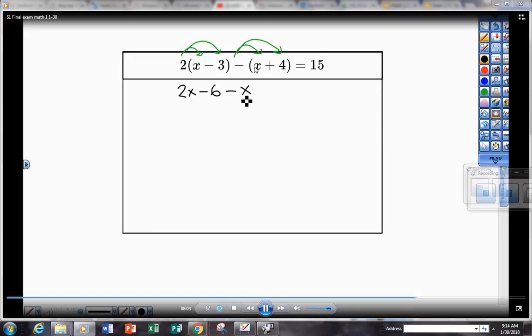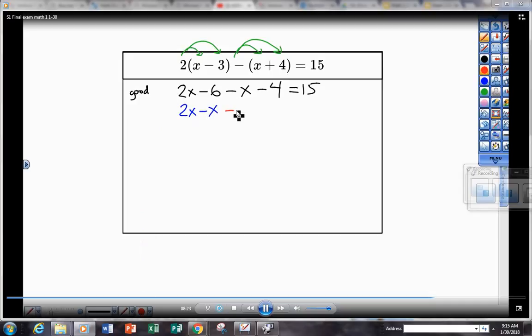Negative 1 times x is negative x. Now, tricky part, negative 1 times this 4 gives me negative 4. Be careful there. That's good. Now I'm going to rearrange my like terms so they're next to each other. Another good step. 2x minus x, making my like terms right next to each other.